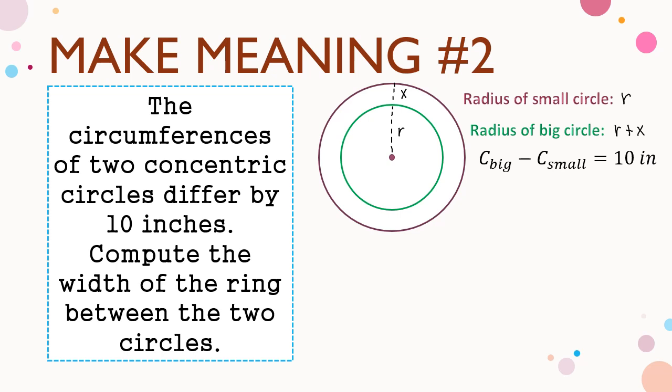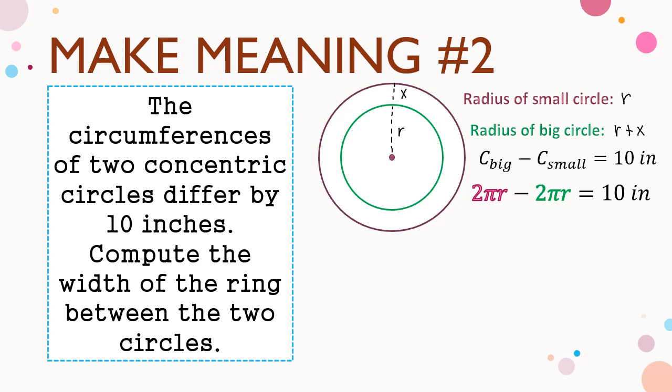So this would be our equation. Of course, let us get the circumference of the big circle and then the small circle. I'm going to put the formula first. Circumference is 2 pi r for the big circle and 2 pi r for the small circle. Of course, we have the same formula for that.